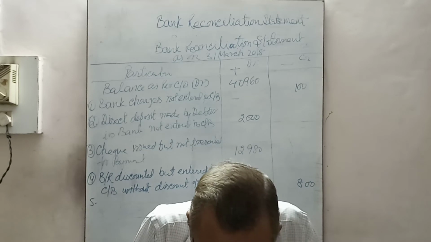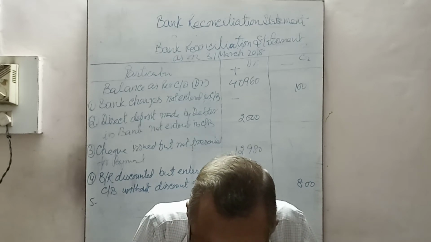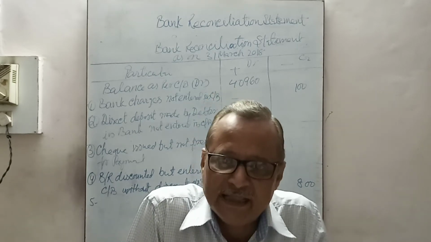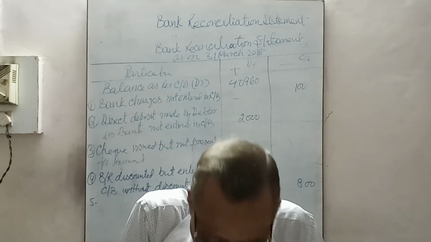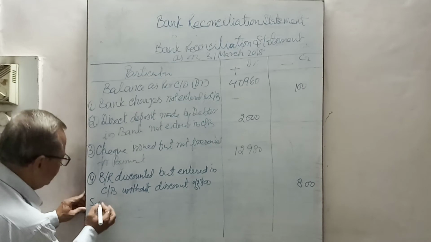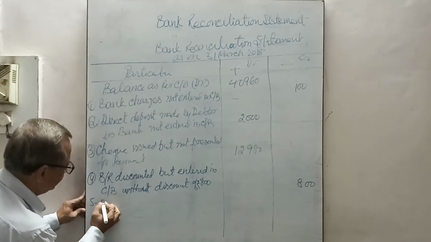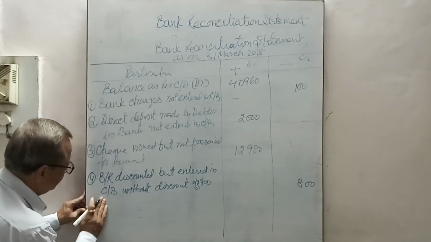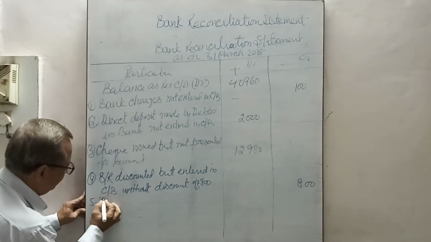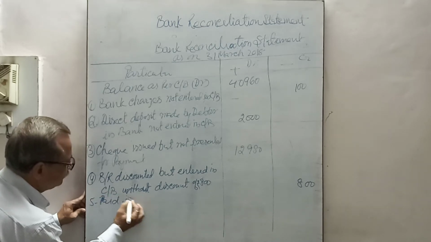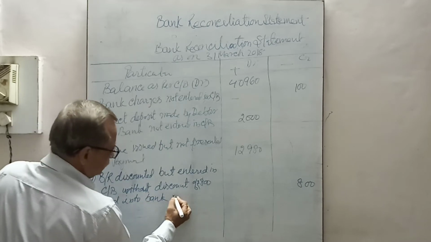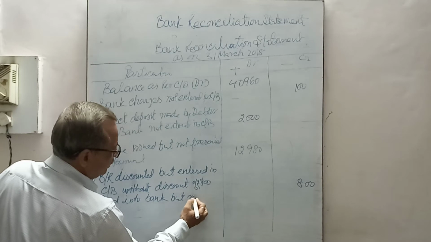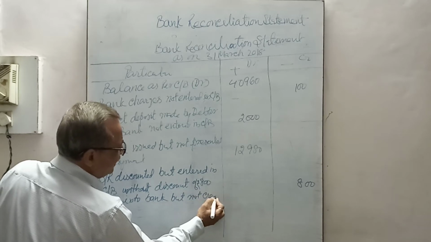rupees 3,500 entered in the cash book as paid into bank, that was deposited in the bank but not collected, that is, not credited by the bank. Rupees deposited in bank or paid into bank but not credited yet.